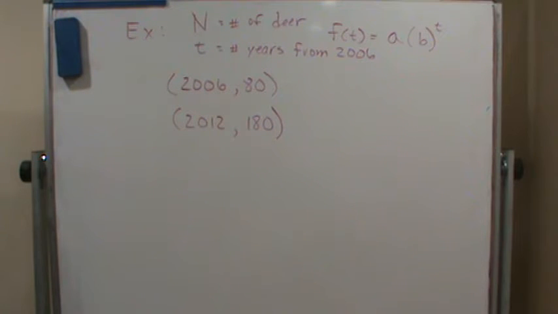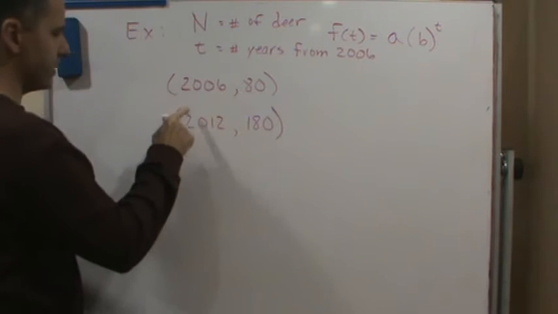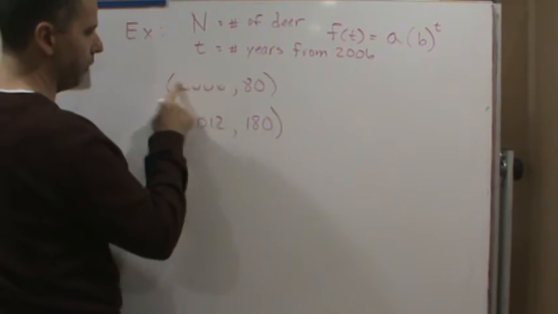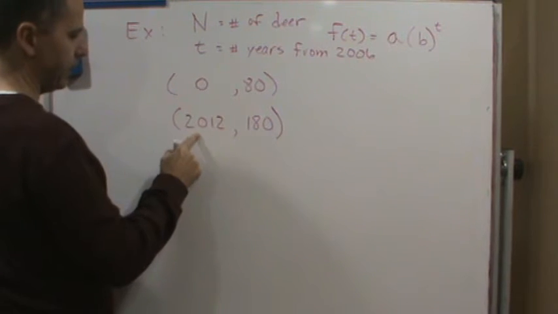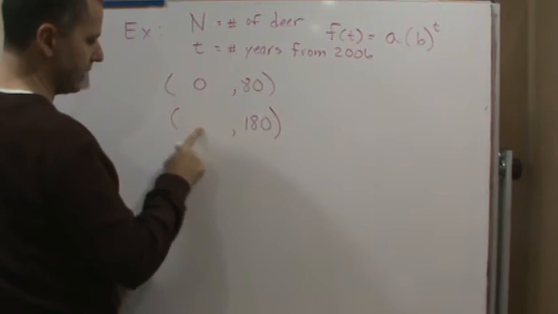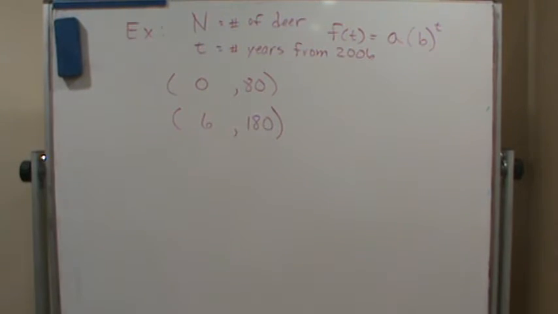So the initial population of deer was 80, and that was in 2006. So let's set up our t value so that instead of 2006 to 2012, this is going to be 0. And then how many years after 2006 is 2012? That's going to be 6. So that's what we're going to use for our data points.